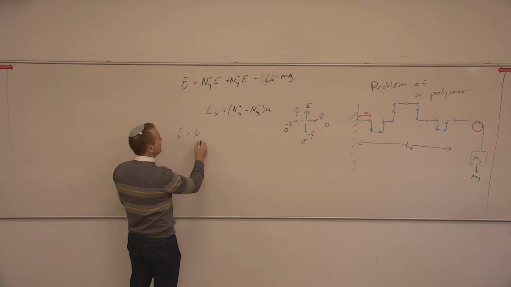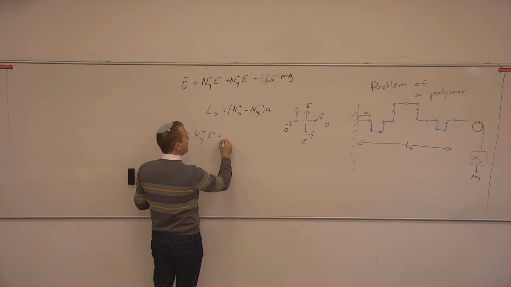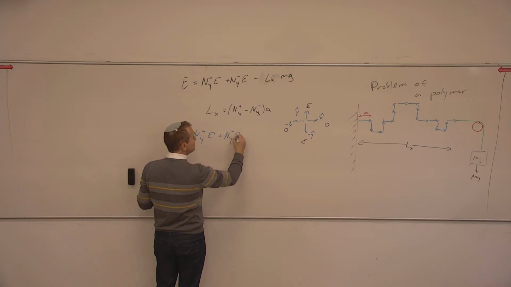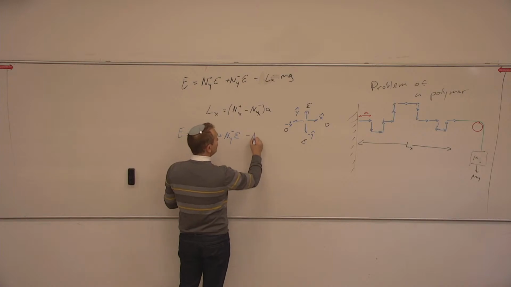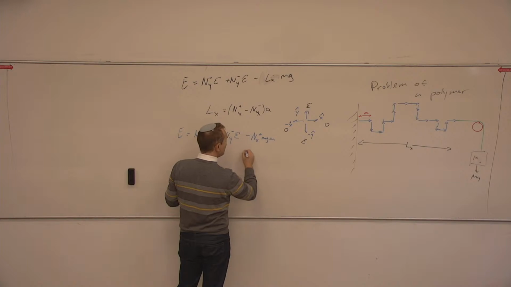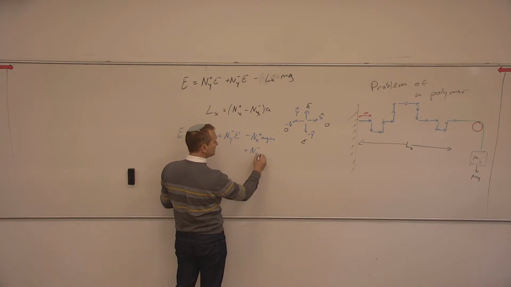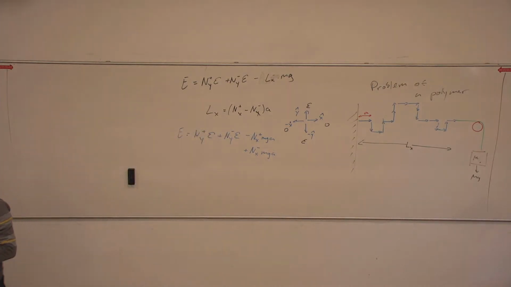E is Ny plus multiplied by epsilon plus Ny minus multiplied by epsilon, minus Nx plus multiplied by mgA, plus Nx minus multiplied by mgA. So this is the total energy.